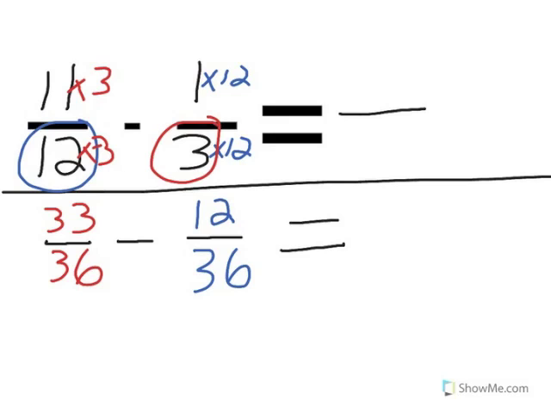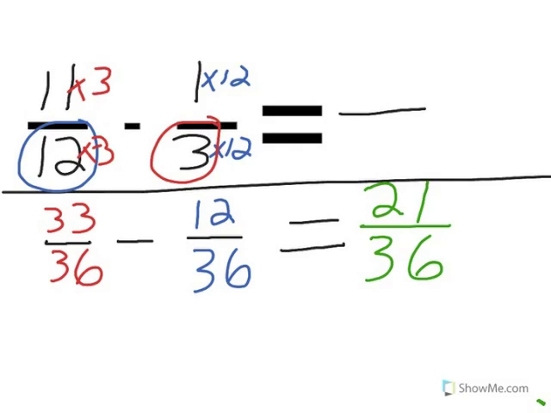We have the same denominator, so we know that the denominator is going to stay the same, 36. And we subtract up top, 33 minus 12. And 33 minus 12 is what? 33 minus 12 is 21.